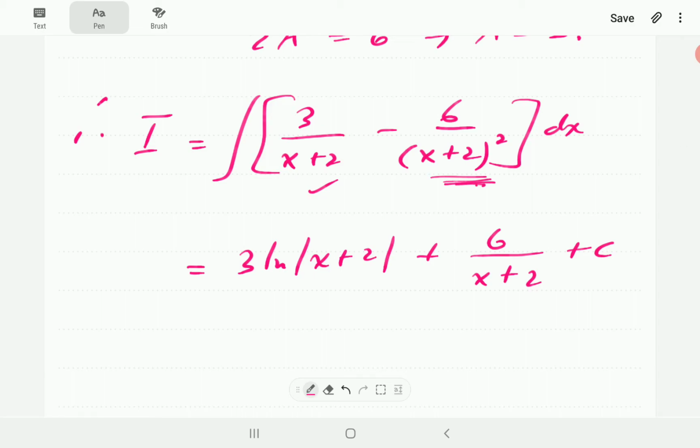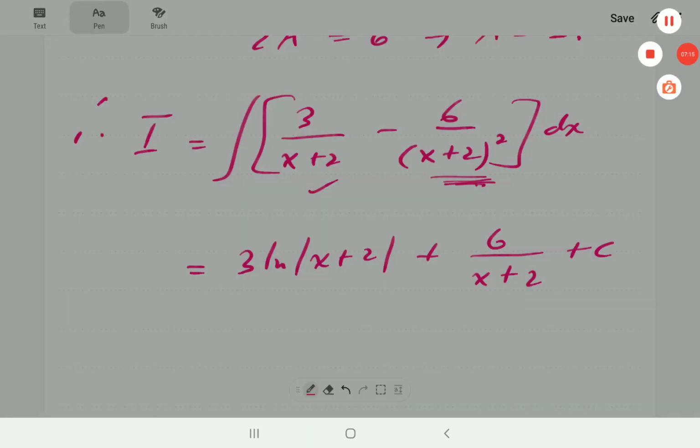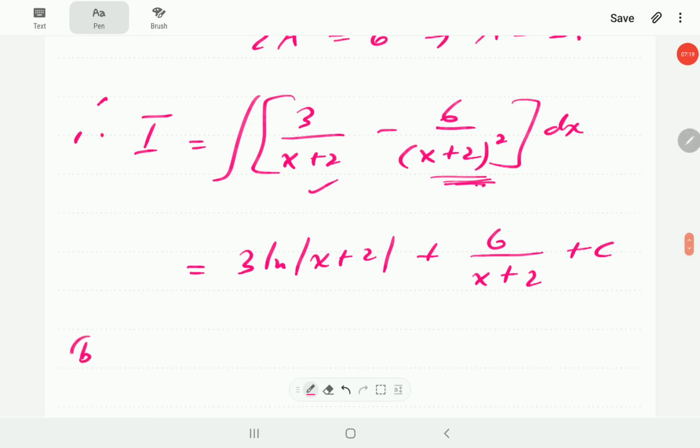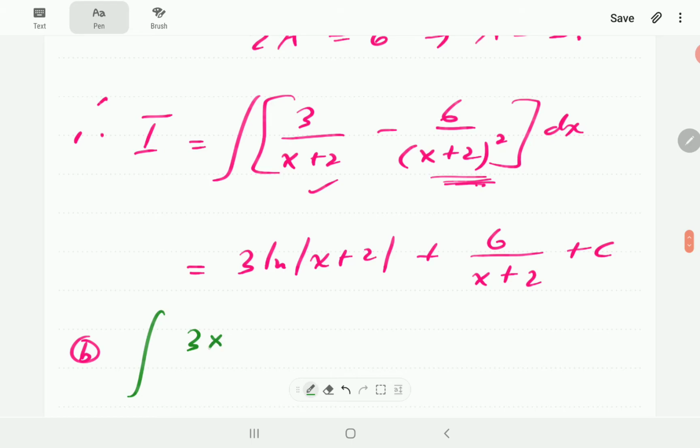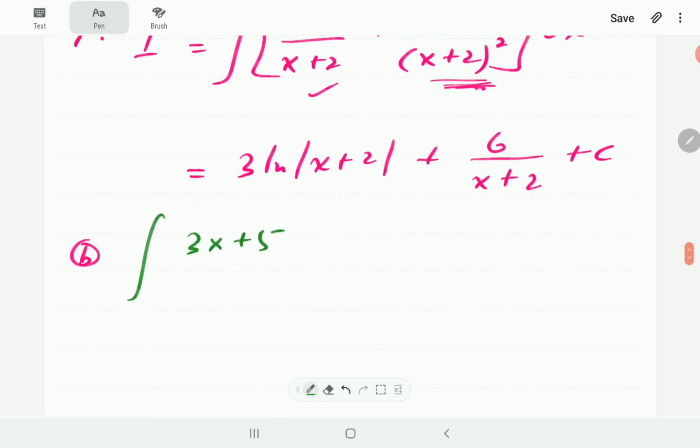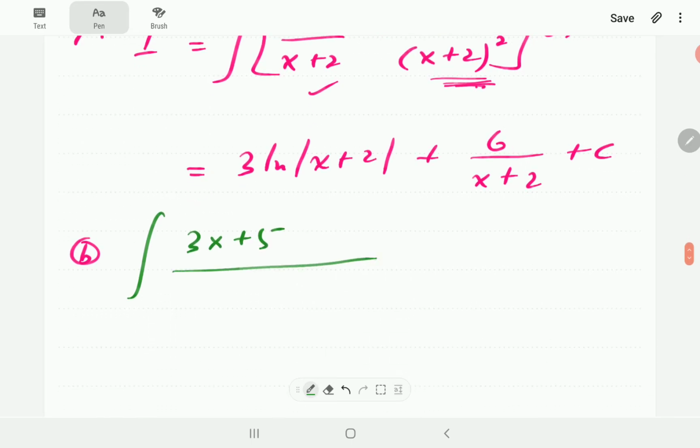Okay, so then for example number b, we have the integral of (3x + 5) all over x^3 - x^2 - x + 1 dx.